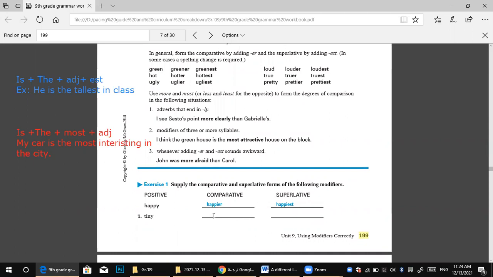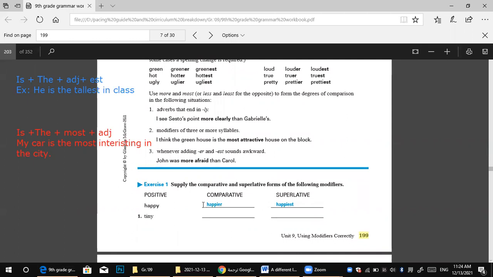Because of the Y, we omit Y and replace it with I, and add est: tinier, tiniest.